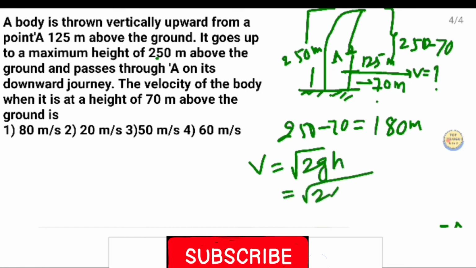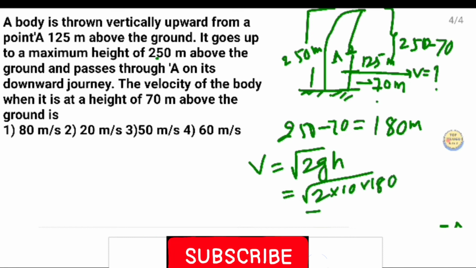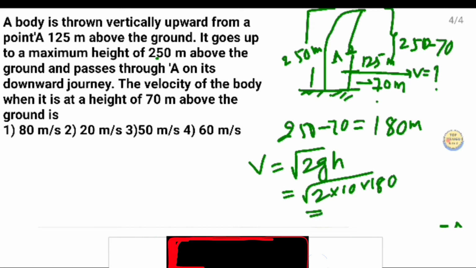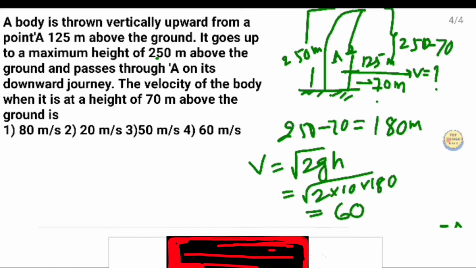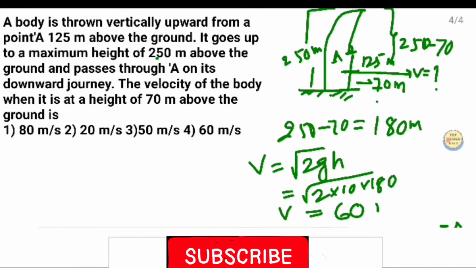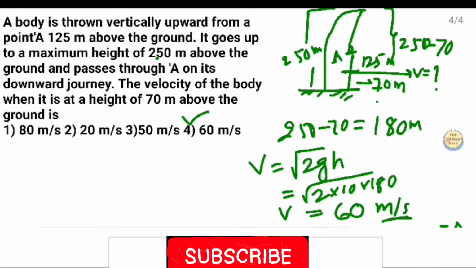Root of 2 into g, which is given as 10, h is 180. So that is root of 3600, which is 60. The velocity v is equal to 60 meter per second. The fourth option is correct.